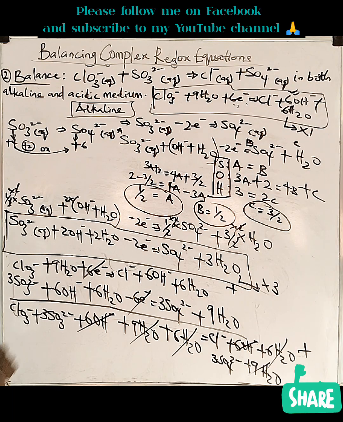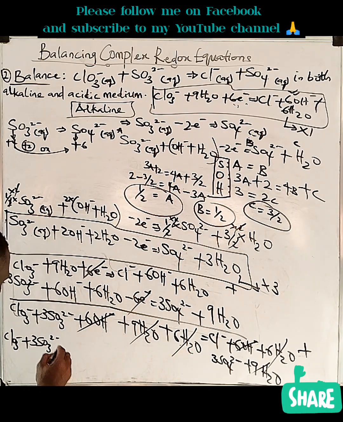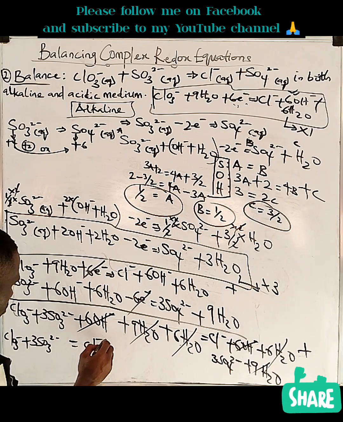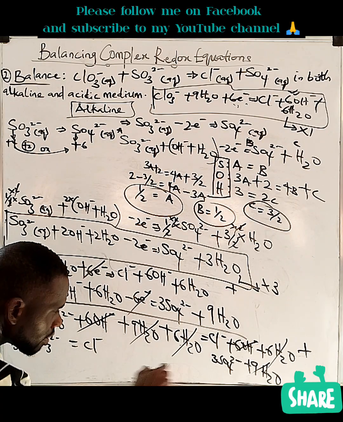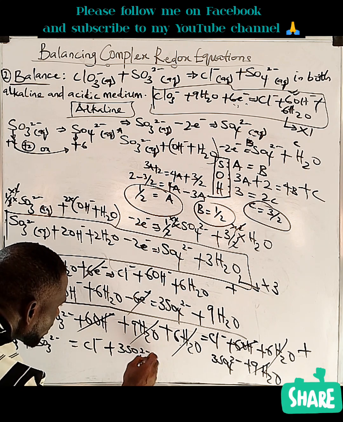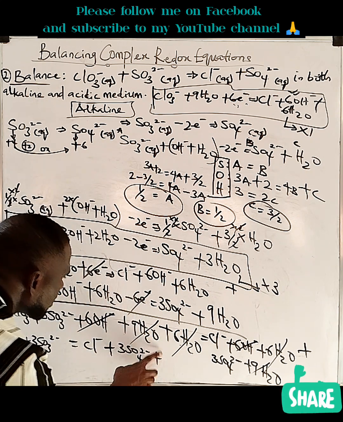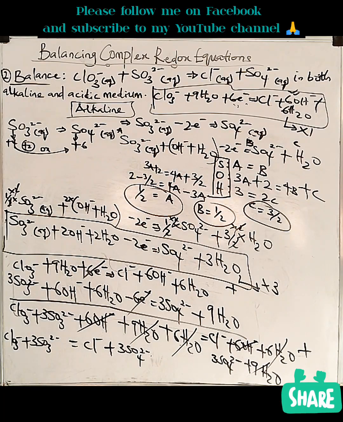So what do we have? We have ClO3 minus plus 3SO3 2 minus. All these are gone. Good. We have the Cl minus, then plus 3SO4 2 minus. Then plus nothing else. You're done. So this is our result.